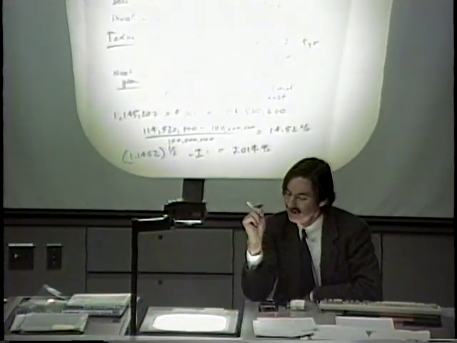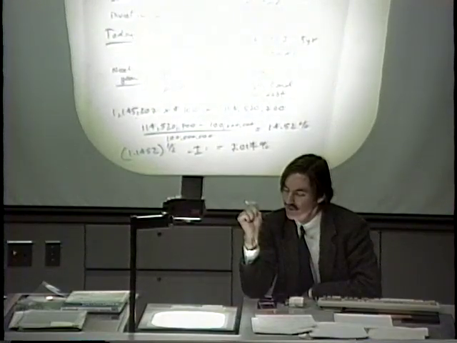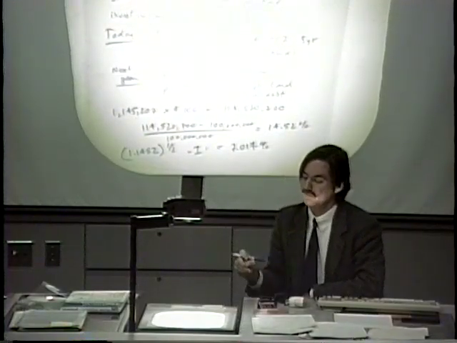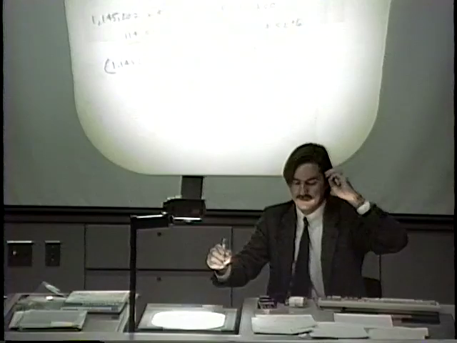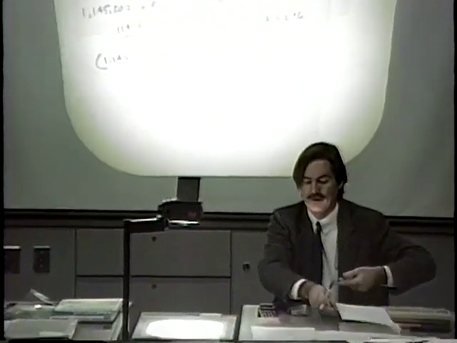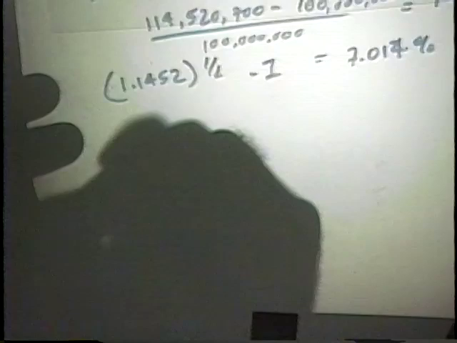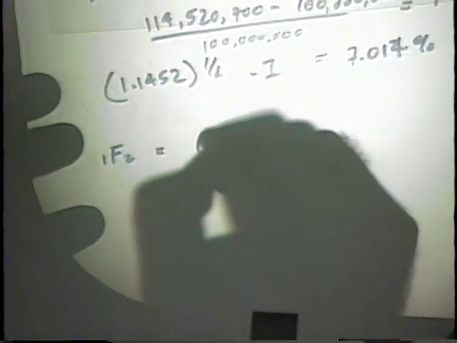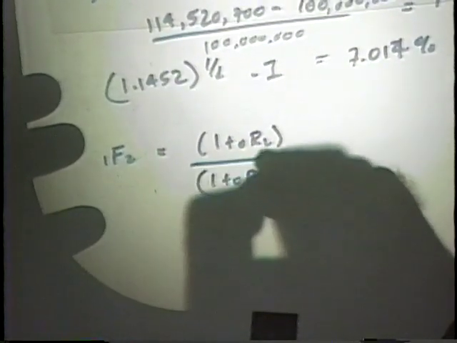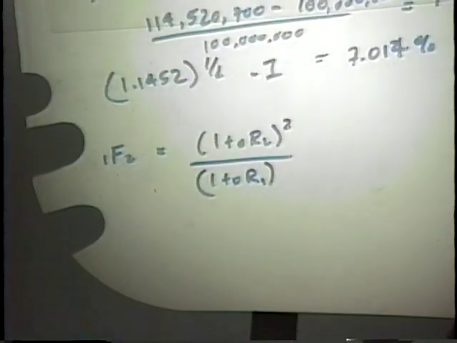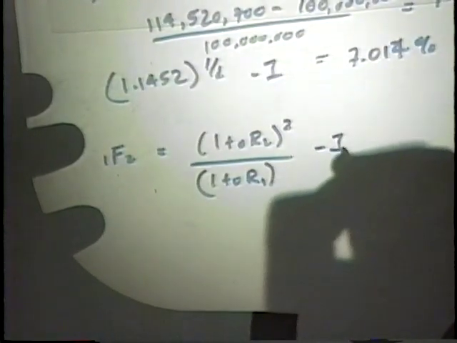Okay, B part says, what is the forward rate between 1 and 2, between 2 and 3, and between 1 and 3? And take it to at least 4 decimal places. Well, it's just a matter of the formula for the forward rate. 1F2 equals (1 plus 0R2 squared) divided by (1 plus 0R1), minus 1.